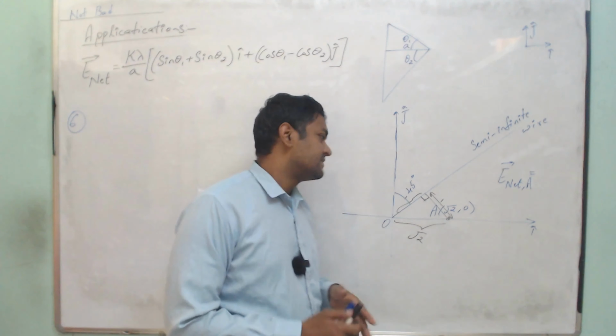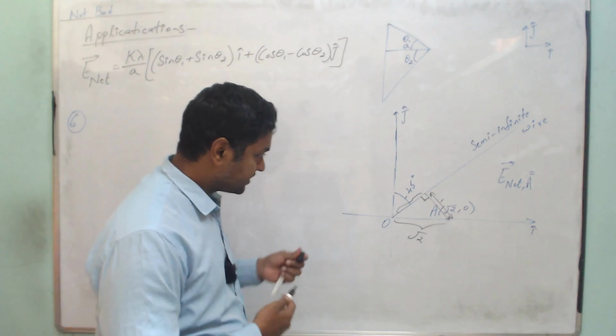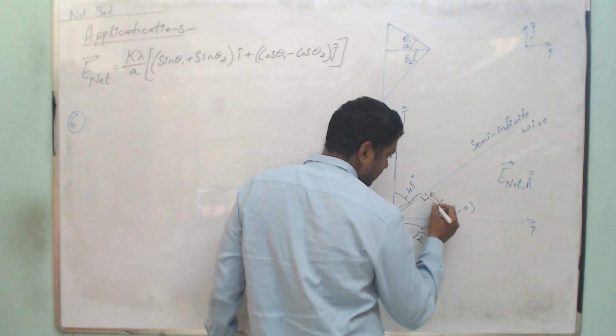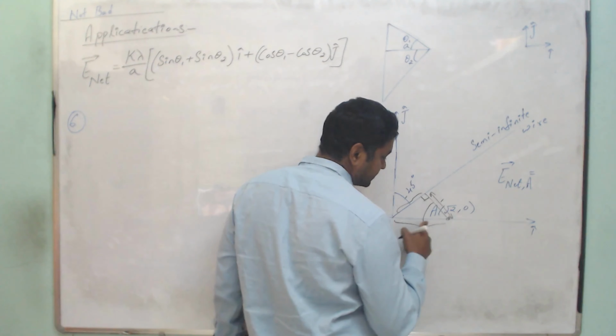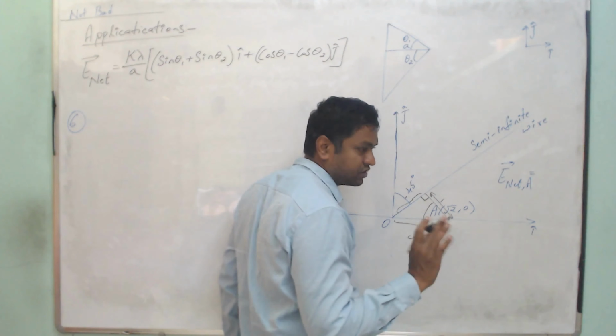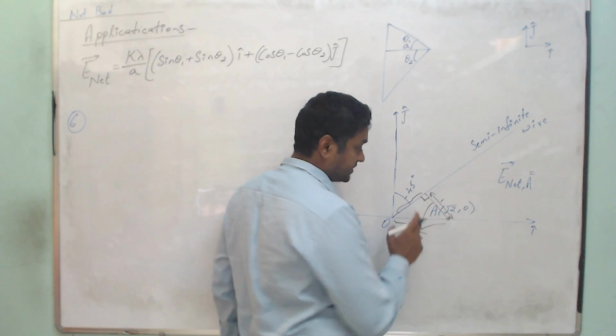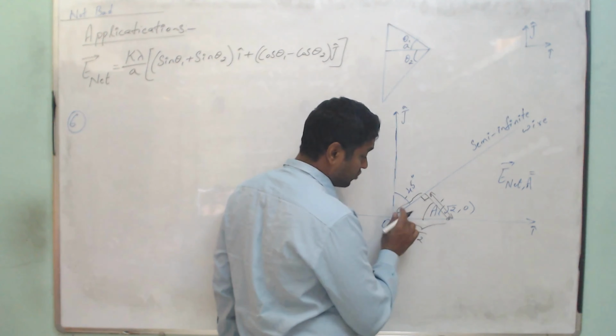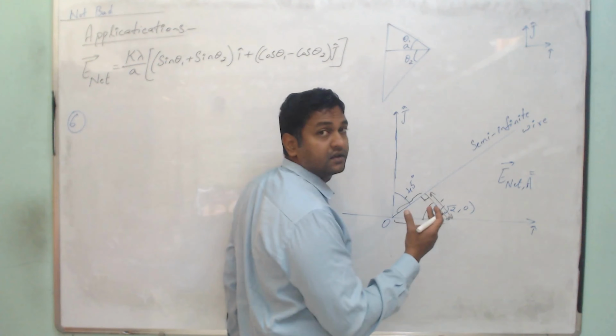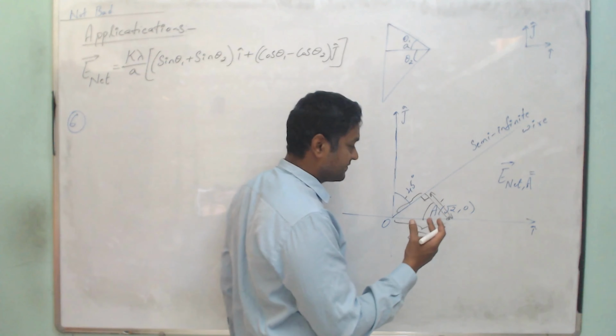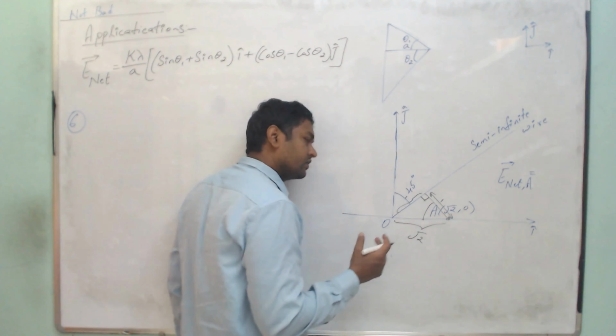Also, in this figure, this is one of my angles, maybe theta 1, maybe theta 2, that's our wish. But this is the angle, not the other one. Sir, it will be 45 only because we have 90.